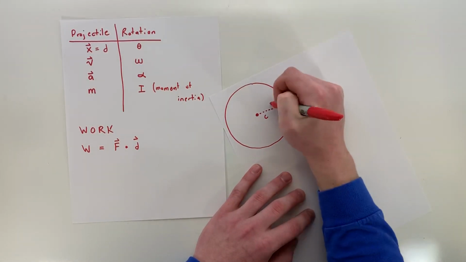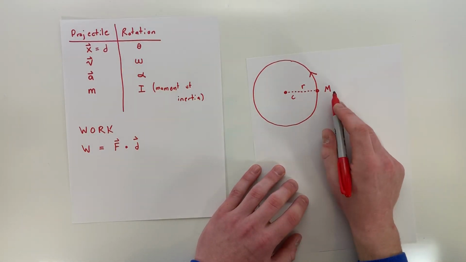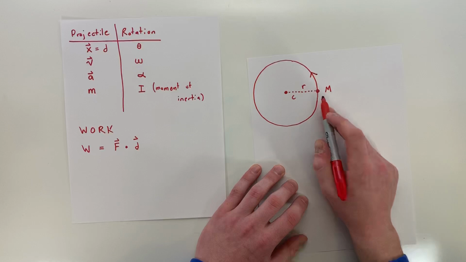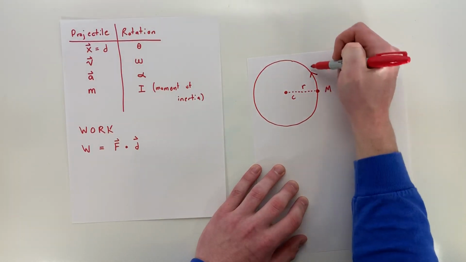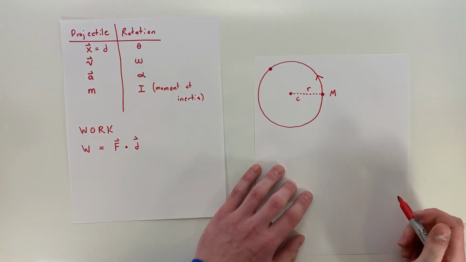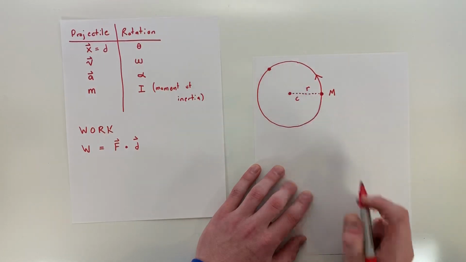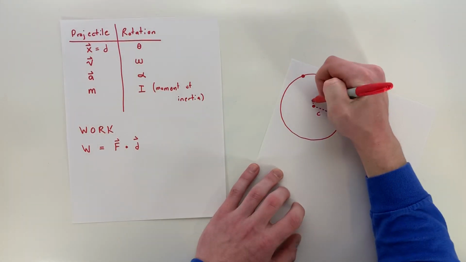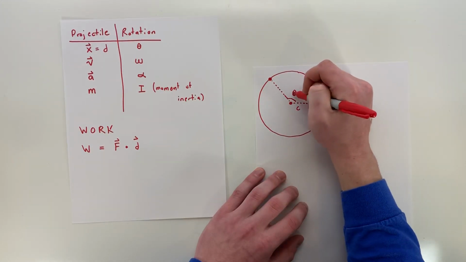The radius of this circle is R. The point mass travels counterclockwise to this point. It started here, this was its initial position, this was its final position, and the angle between those two is theta.